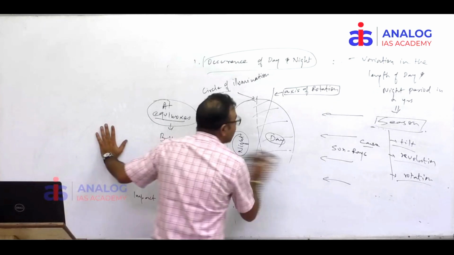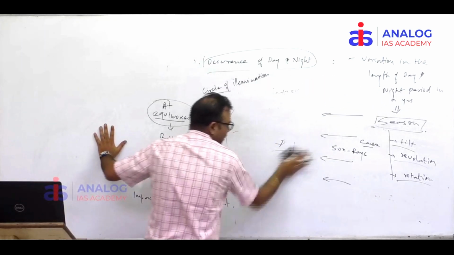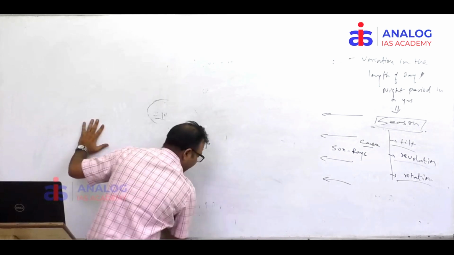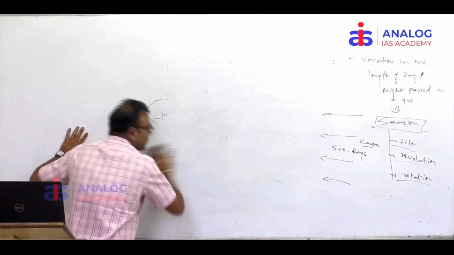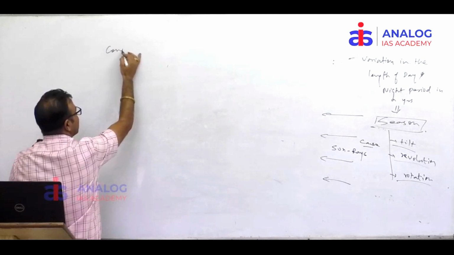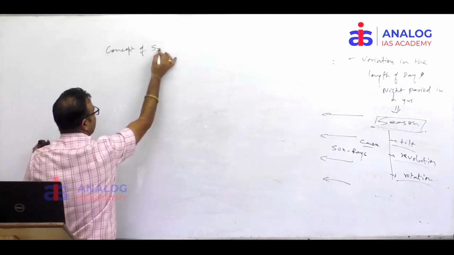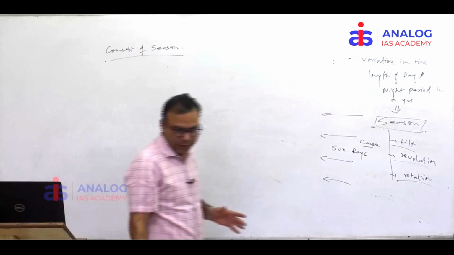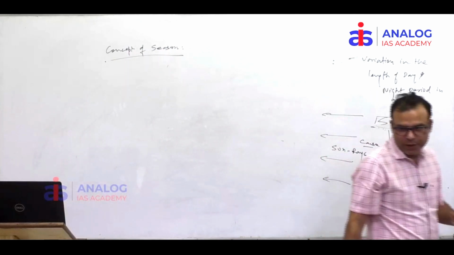Now occurrence of day is done. Now come to the season. Let's see, the concept of season we are completing here. Season is a connected topic. We complete this separately.